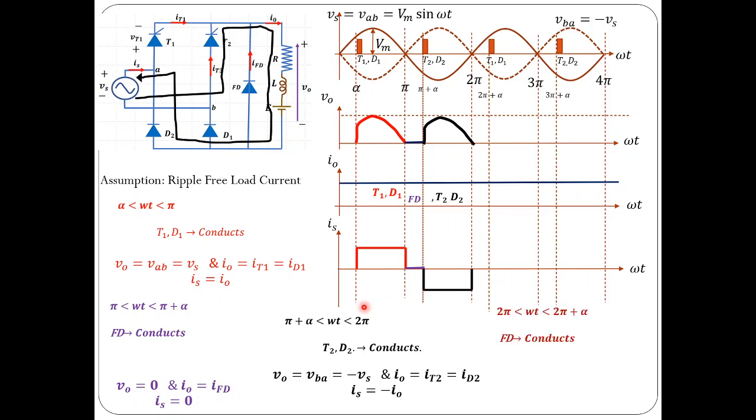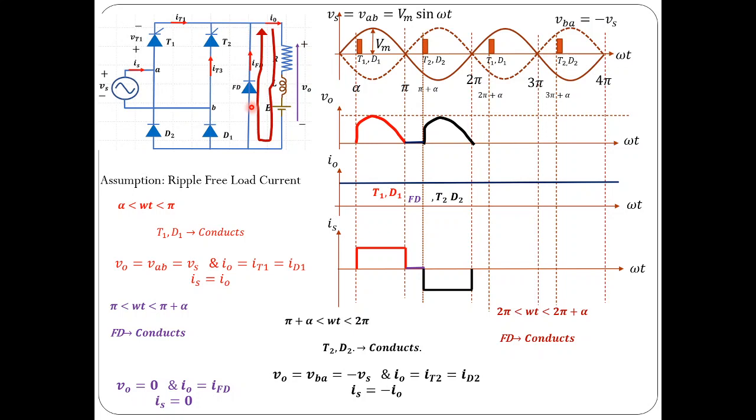And what happens from 2 pi to 2 pi plus alpha? Once again, the load voltage tries to become negative. Once it starts becoming negative, the freewheeling diode would come into conduction, as it is going to be forward biased. As I mentioned earlier, whenever the load voltage becomes negative, the freewheeling diode would come into conduction.